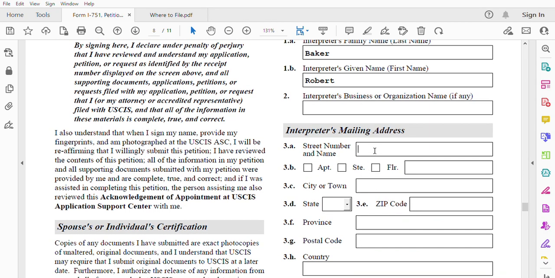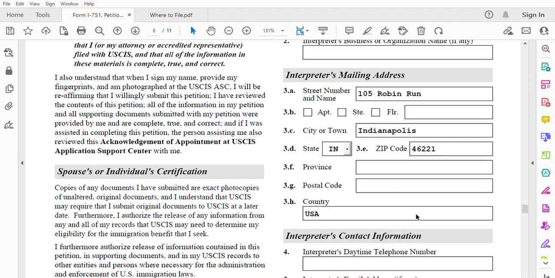And for the mailing address, you're going to put the same mailing address, 105 Robert Run, Indianapolis. State is Indiana, and the zip code is the same one, 46221. The country is USA.